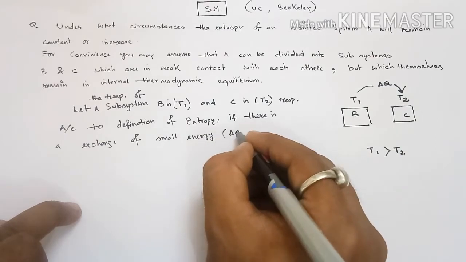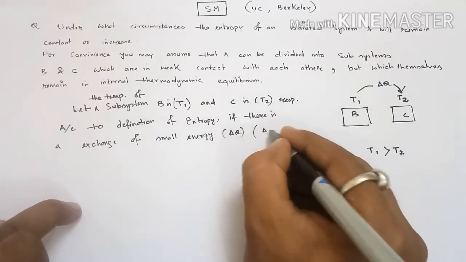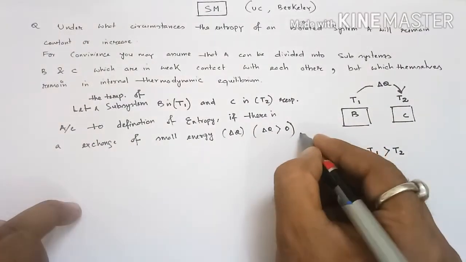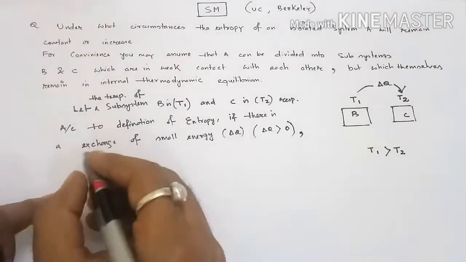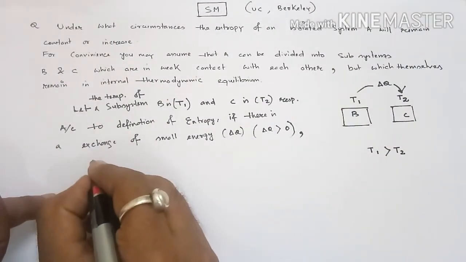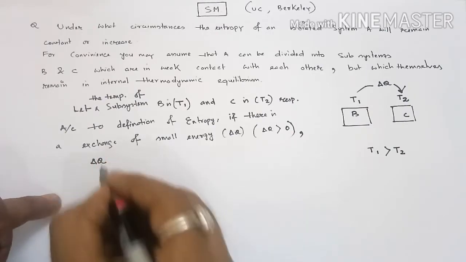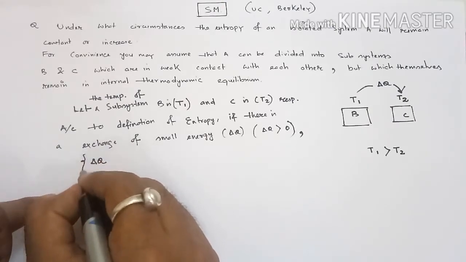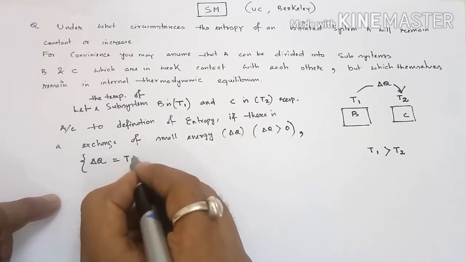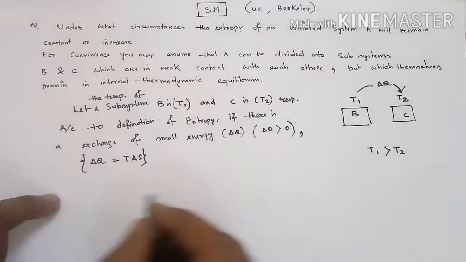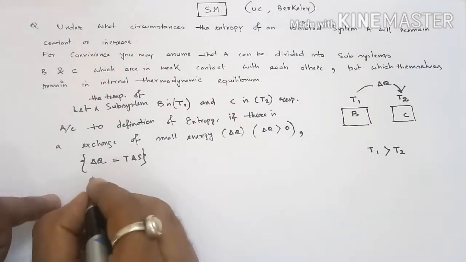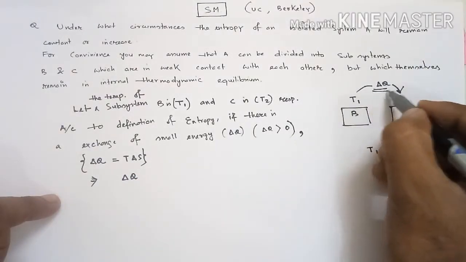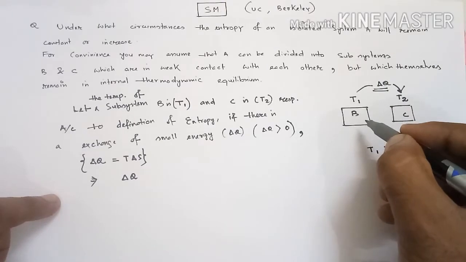Delta Q, where delta Q is greater than 0. Then we can write our formula: delta Q equal to T delta S. We know this formula, so using this formula for system B we can write delta Q, that is the change of small energy from subsystem B to C.